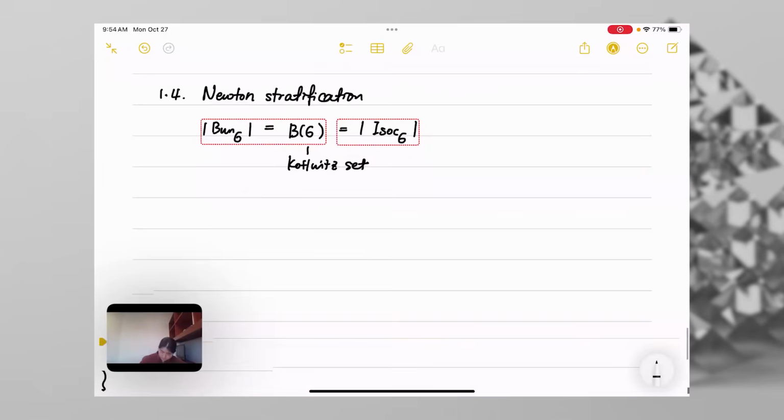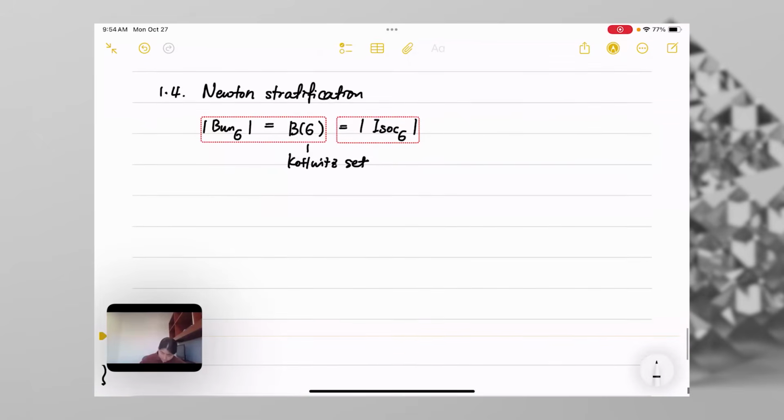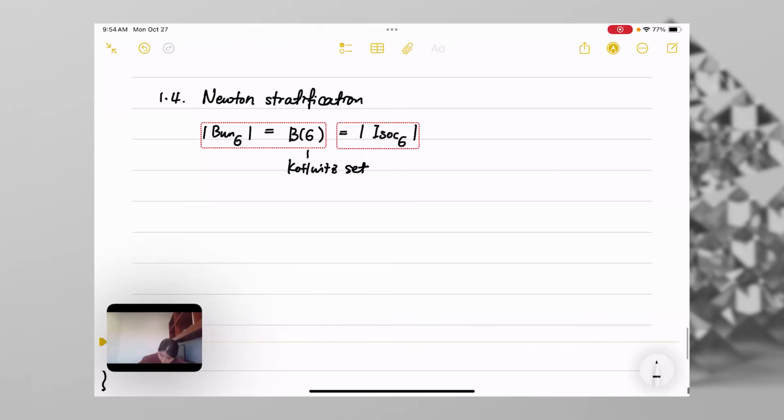So in fact, this is an identification on the level of topological spaces if you choose the correct order topology on the Kottwitz set, and using which you can define a stratification on Bun_G, and pulling back along the diagram, you get a stratification on the whole Cartesian diagram.